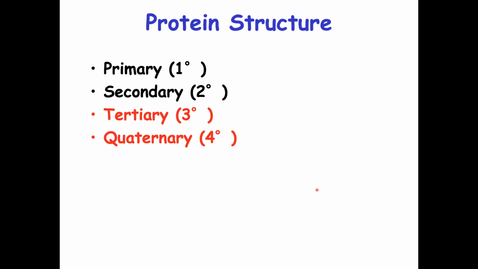Depending on the number of subunits, you can have a dimer, which would be 2 molecules, trimer, tetramer, hexamer, octamer. If all subunits are the same, that would be a homodimer, a homotrimer, and so forth. And if they're different, it would be hetero.